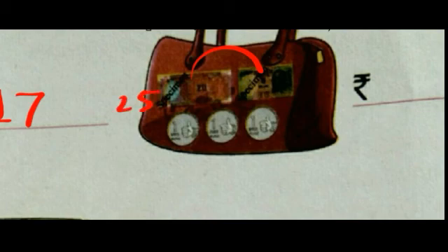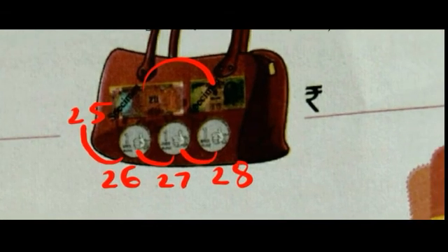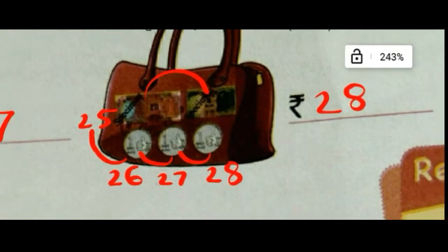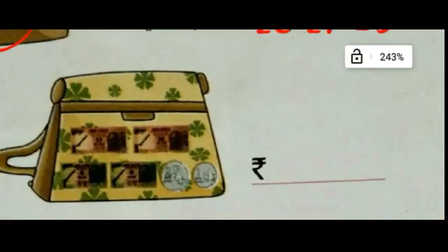Okay, this much is 25 rupees. 25 plus 1, 26. 26 plus again 1, 27. And 27 plus 1 will give you 28. That means there are 28 rupees in this purse. Total amount is 28 rupees. Clear? Let's see the next one now.